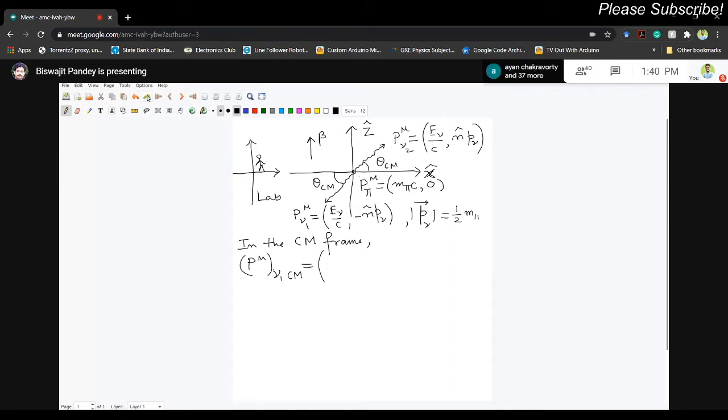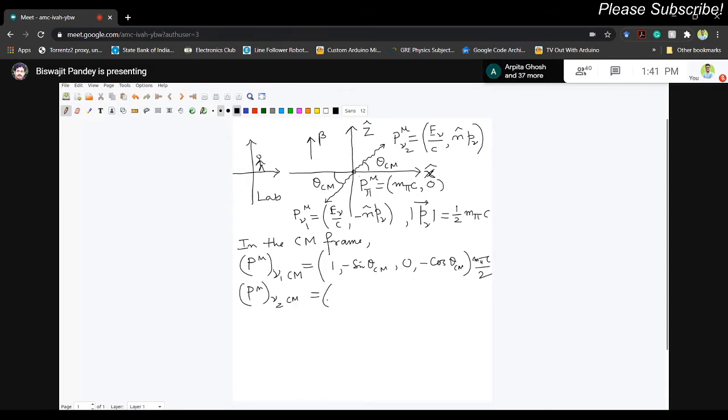I wrote this as: 1 minus sine theta cm, then the y component is 0, the z component will be minus cos of theta cm, and then m pi c by 2, like this one. Similarly, you can write down the 4 momentum of the second photon in the center of momentum frame.